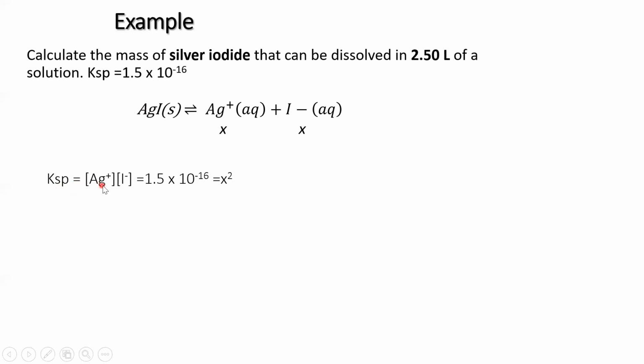Okay, so KSP equals the concentration of silver ions times the concentration of iodide ions, which equals 1.5 times 10 to the -16, which equals x squared. Solve for x, you need to take the square root of both sides.